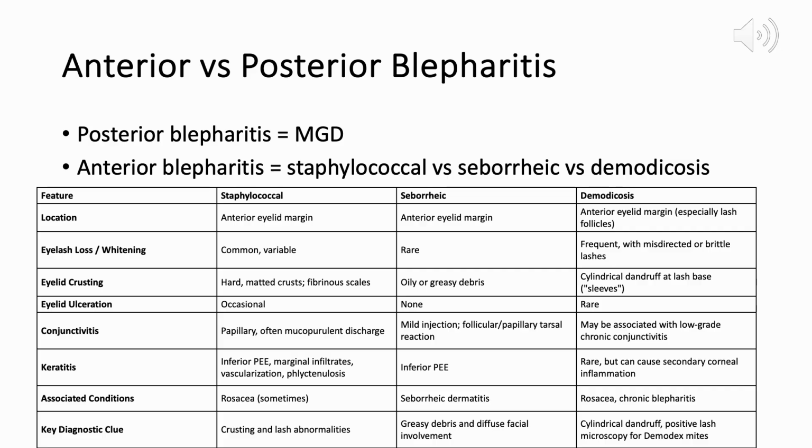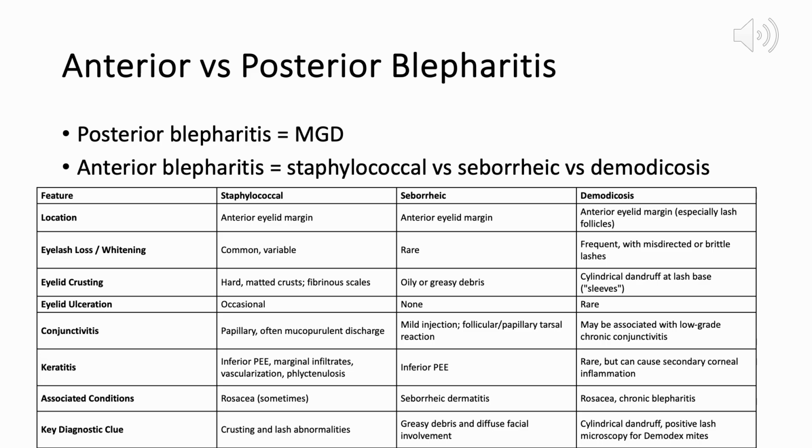This slide compares anterior and posterior blepharitis, including key features of the subtypes of anterior blepharitis. First, posterior blepharitis is synonymous with meibomian gland dysfunction, or MGD. In contrast, anterior blepharitis involves the anterior eyelid margin and can be categorized as staphylococcal, seborrheic, or demodicosis.